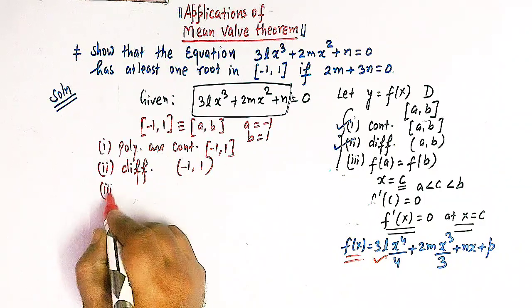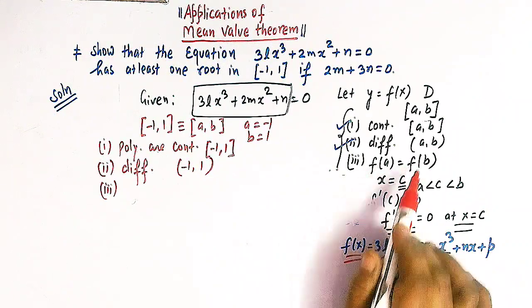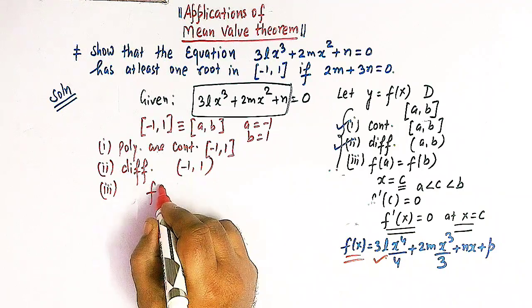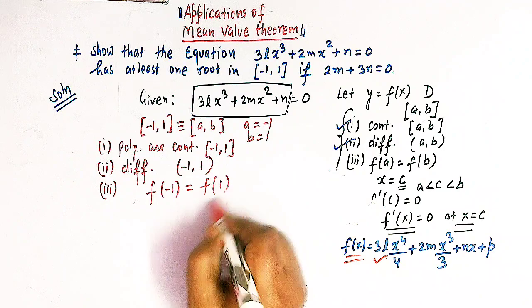And moreover, the third condition, that is f of a should be equal to f of b, right? So we should have f of minus 1 equal to f of 1.